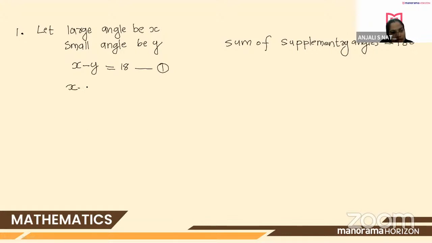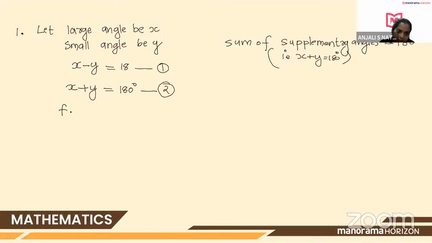The sum of those angles is equal to 180 degrees. Here, x plus y is equal to 180 degrees. Okay, so we got two equations, that is a pair of equations. Then we can solve. It is already given that you should solve it using substitution method.